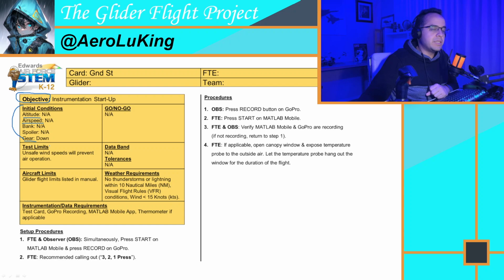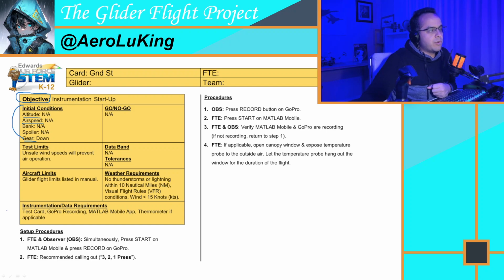What are my limits for both the aircraft and for the specific test, which are different? Aircraft limits are the maximum, let's say, speeds that you're allowed to execute in that aircraft, versus test limits, which are usually set by a team saying, we will not go past a certain altitude in the series of all these test cards, for example.